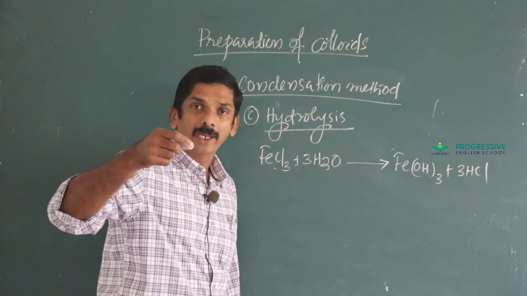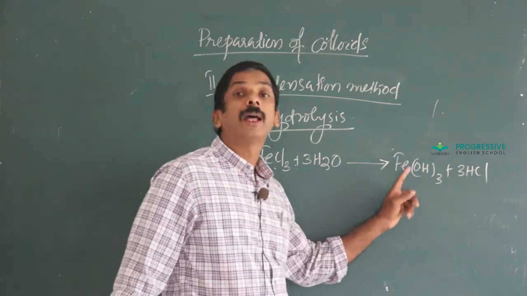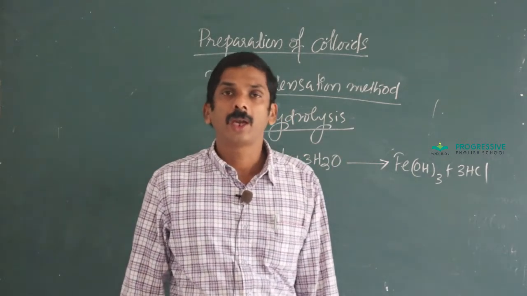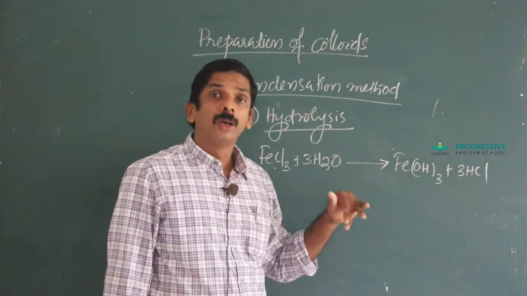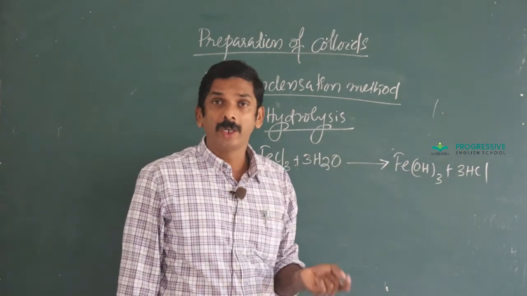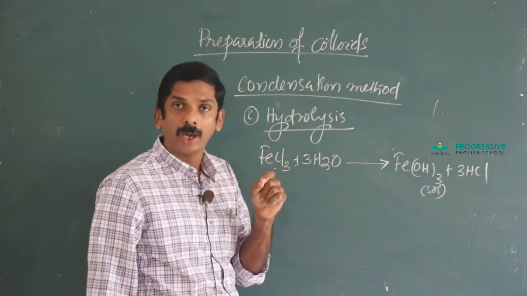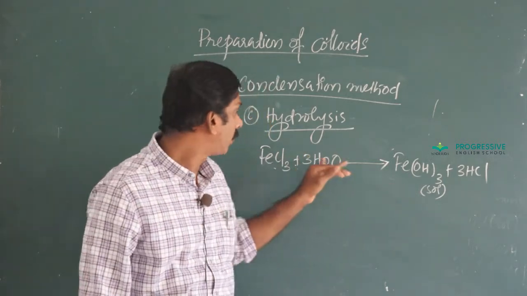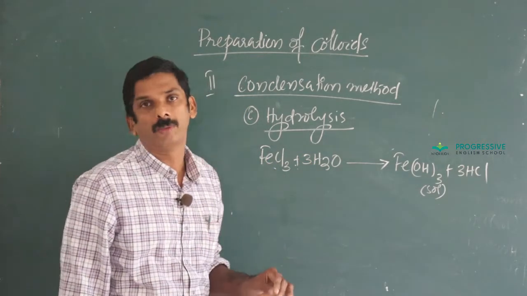Hot water is added to ferric chloride drop by drop till a reddish brown color is just formed. If we add a large amount of hot water to ferric chloride, the final product formed is ferric hydroxide precipitate, not colloid. In order to get ferric hydroxide sol, we add hot water drop by drop to ferric chloride till a reddish brown color is just formed.